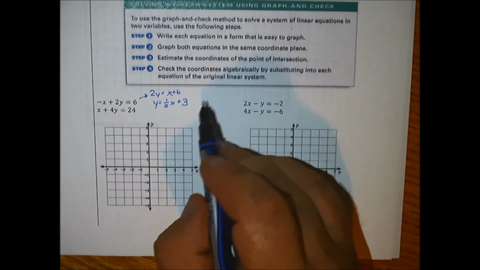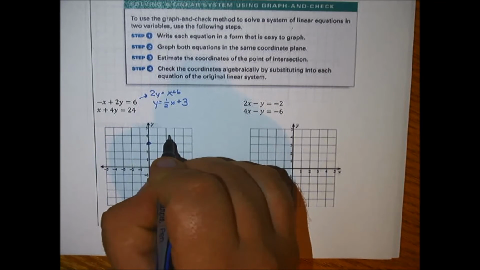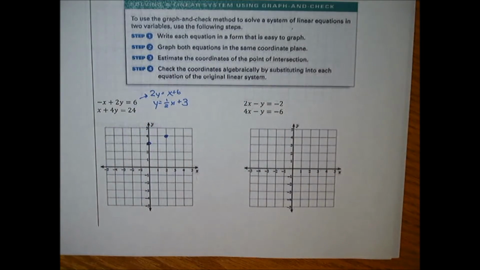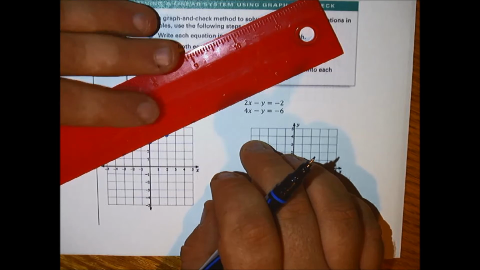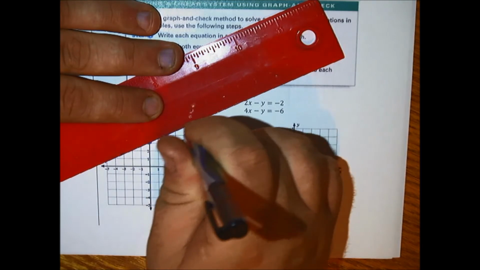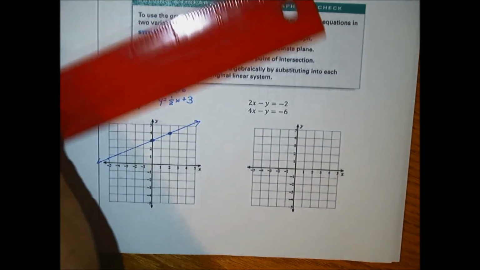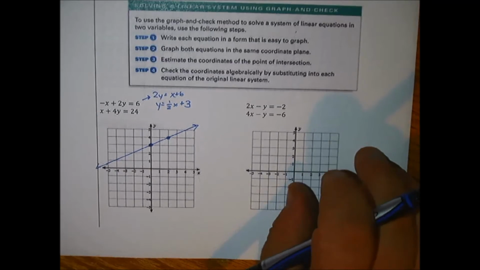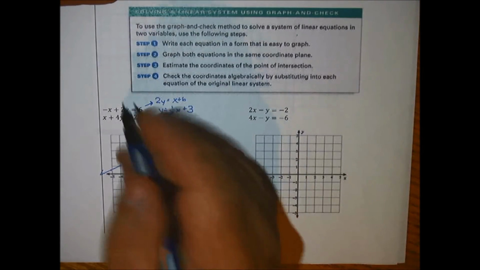So let's go ahead and graph that line before we get too far into this. Positive 3, and it goes up 1 and over 2. And we can go ahead and graph that line. The important part in this section isn't so much the graph, it's just using the graph to estimate the coordinates and then check your work.